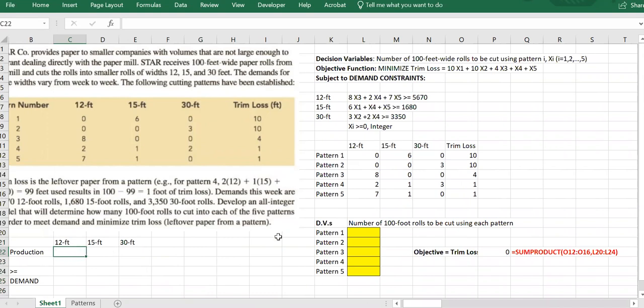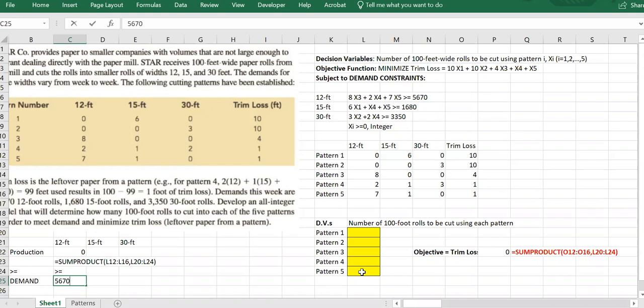So for 12 feet, the left-hand side is going to be the sum product of these values and the decision variables: 8 times x3 plus 2 times x4 plus 7 times x5. That has to be greater than or equal to the demand for 12 feet.